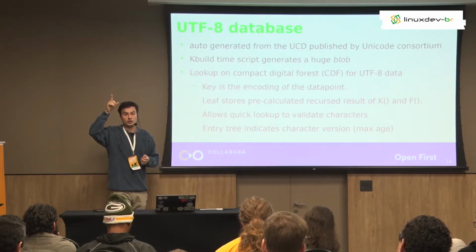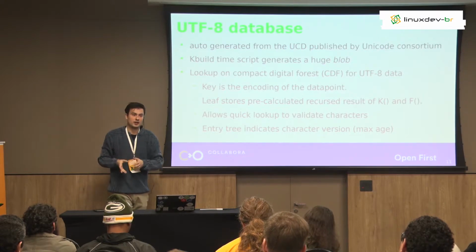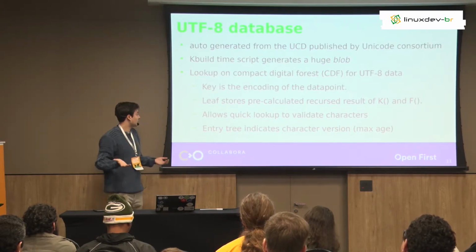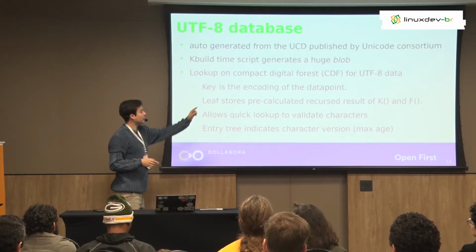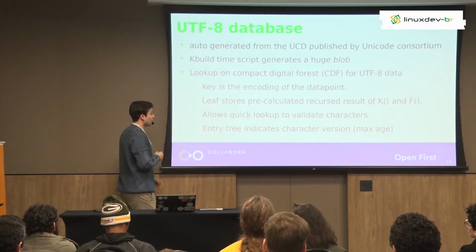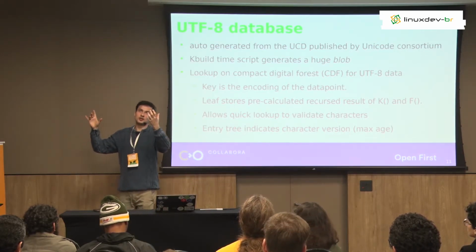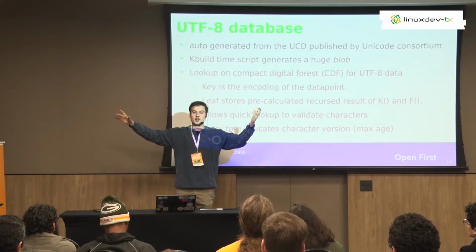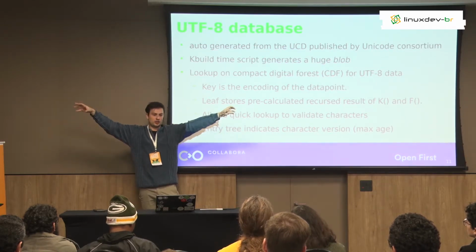If you are going through an invalid sequence, you're going to reach an invalid path, and this character does not exist. And the leaf stores the pre-calculated result of the normalization and the case folding. It's recursive because a character can decompose to one character that decomposes to another character, and we don't want to store all the steps. We just want to go from here to there.